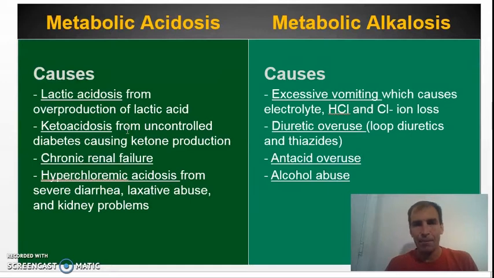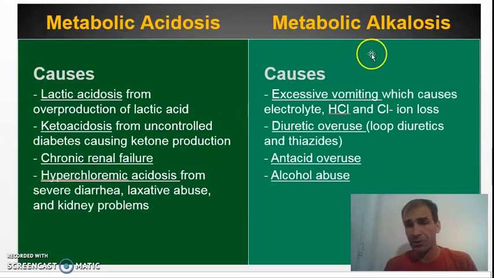That's more of a metabolic acidosis. It's not a lung issue, it's more metabolic. Obviously, if you're producing a lot of lactate, that would also fall under that category. There are some other ones here you can look at, but these aren't as common: renal failure, hyperchloremic acidosis, really not very common.